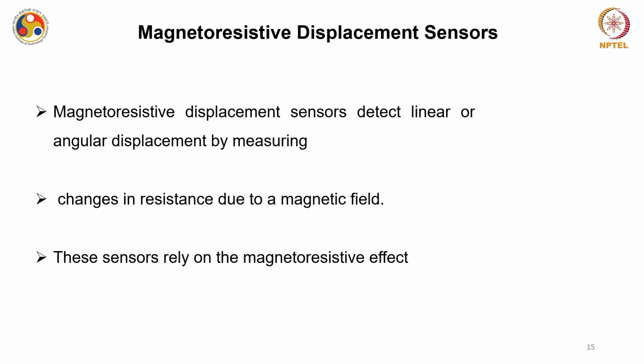The next kind of device that we are going to discuss is a magnetoresistive displacement sensor, and again it is also based on magnetic principles, basically on the magnetoresistive effect. We'll see very briefly what the magnetoresistive effect is, and we'll see how this sensor functions.